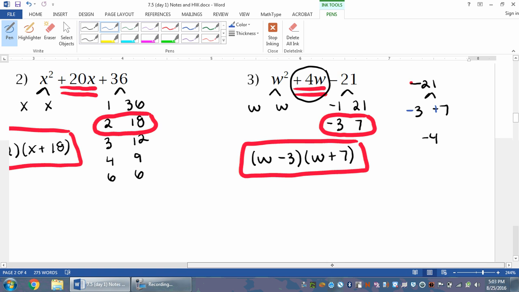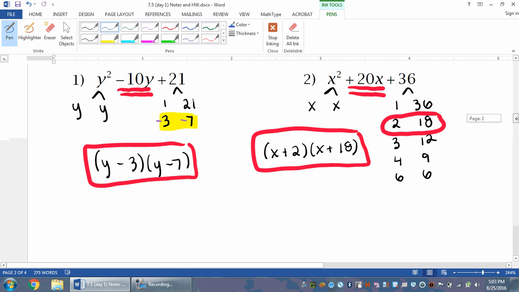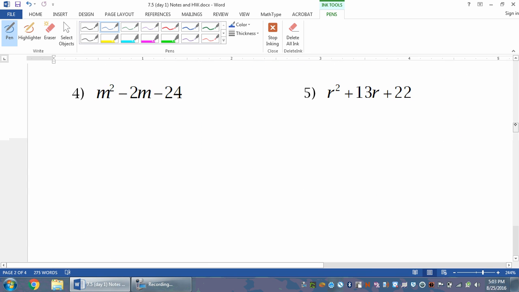All right, let's go ahead and do example number 4. Again, always check for a GCF. There's not anything that I can divide all three terms by. So let's write the factors of n squared. It's just n and n. Now I'm writing factors of a negative 24.